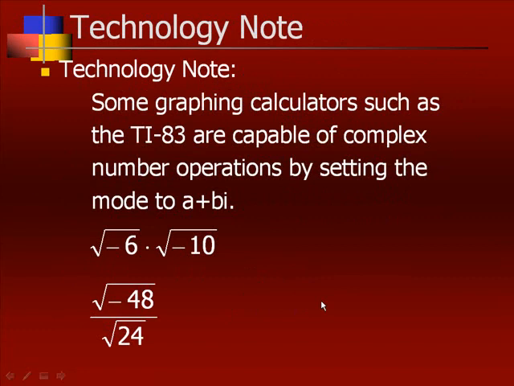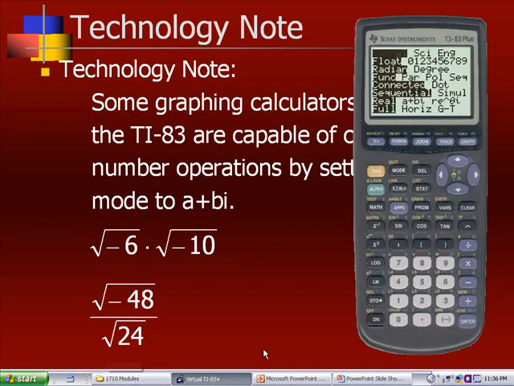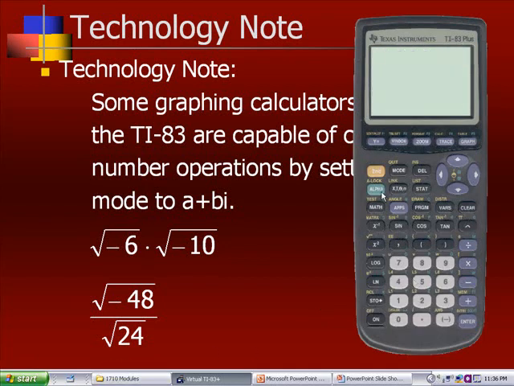Now, on your graphing calculators, the TI-83s and 84s are capable of doing complex number operations. And if we wanted to do numbers like the square root of negative 4, okay, this will give us not a real answer.